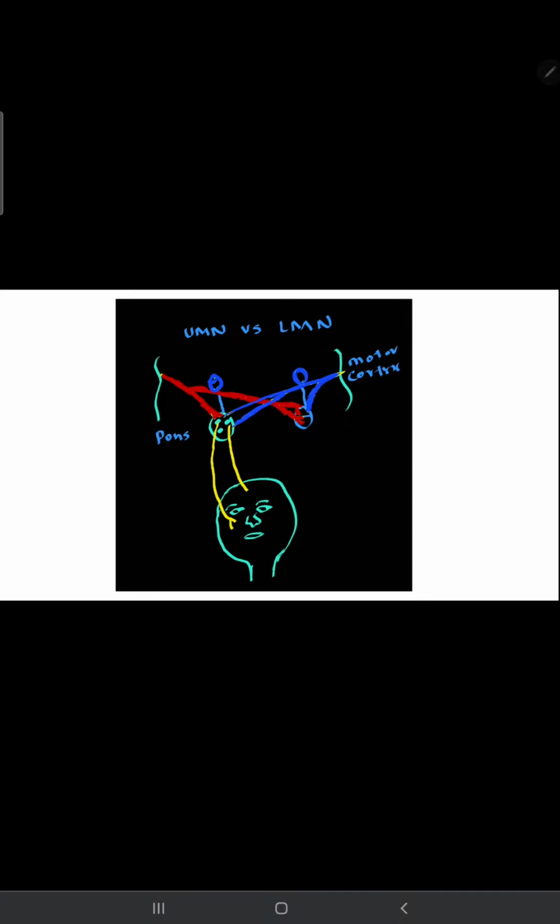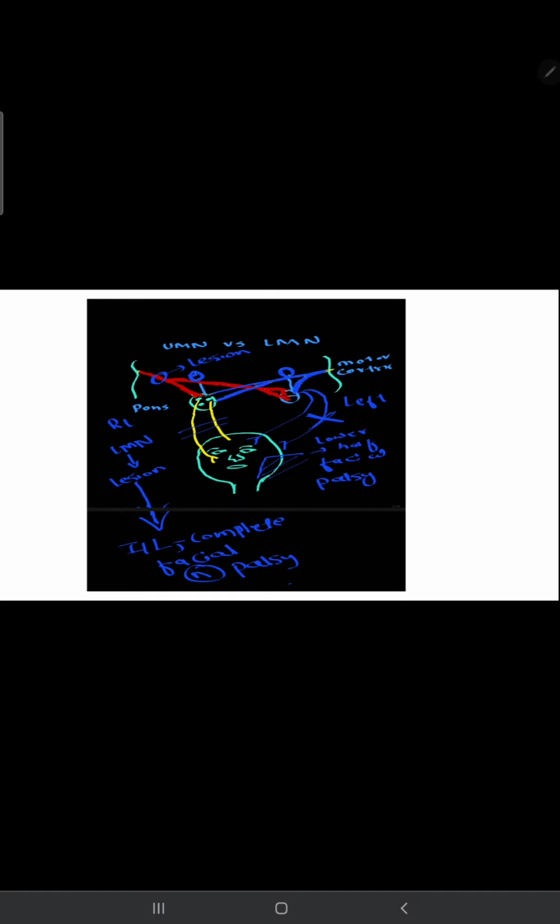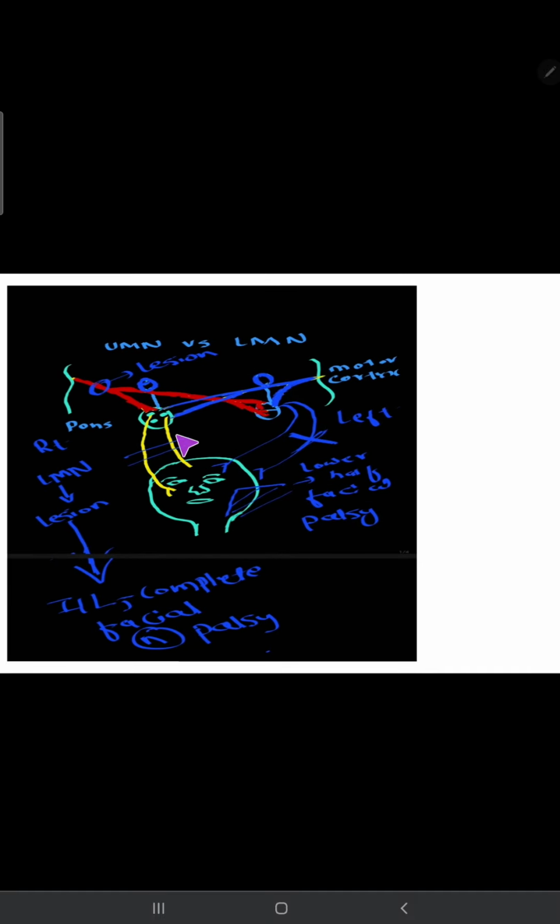Now this is the normal course. Now let us describe it in the figure. If there is a lesion over here, this is a lower motor neuron type lesion. What happens is there will be ipsilateral complete facial nerve weakness, so this side will be gone; there will be paralysis over here.